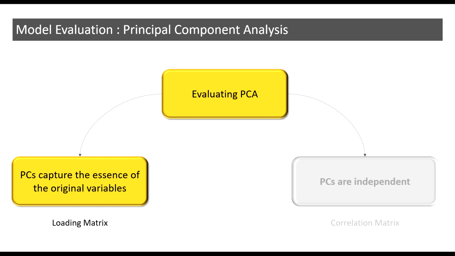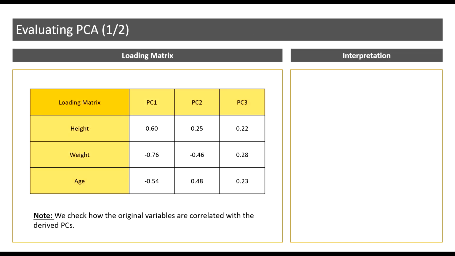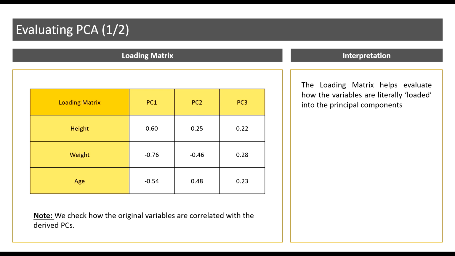Let us now see how the principal components capture the essence of the variables. On the left here, I have the loading matrix. The loading matrix helps us evaluate how the variables are literally loaded into each of these principal components. Recall, in the previous video, we saw how a portion of height, weight, and age is loaded into three principal components, that is PC1, PC2, and PC3.